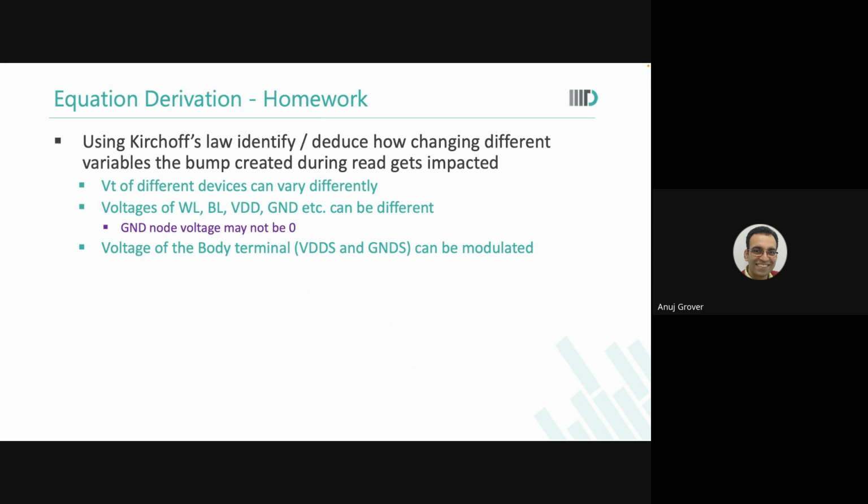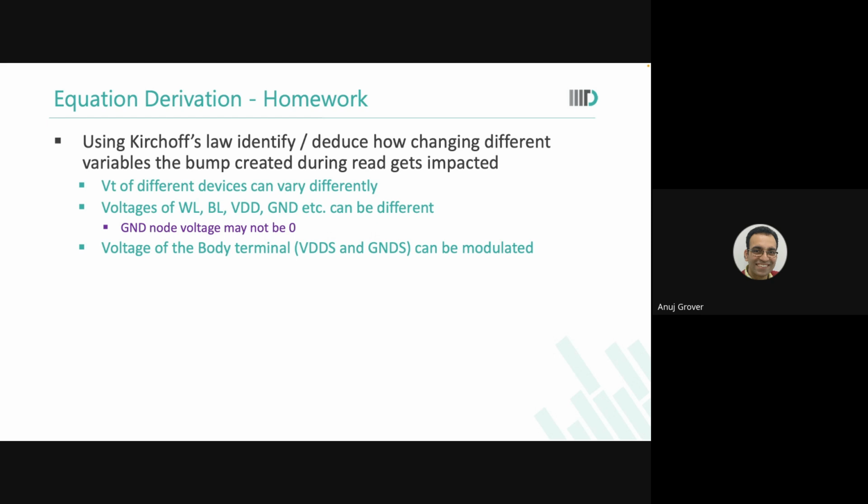We discussed in the last class that the node Vx over here is essentially the inner node of a potential divider where you have RPG, RPD, this is Vx, this is VBL, and ground.